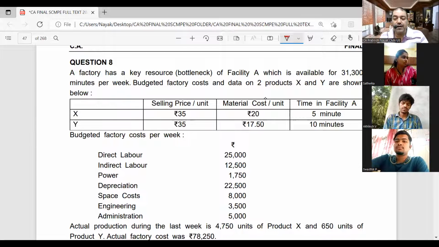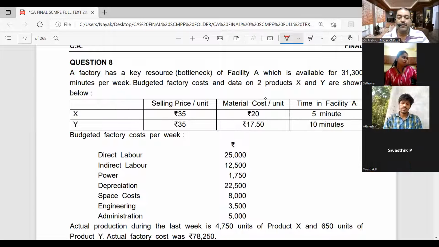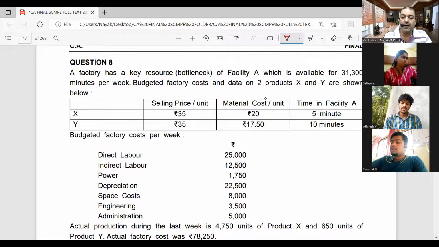A factory has a key resource, bottleneck of facility A, which is available for 31,300 minutes per week. So this is the limitation. This is the maximum that you can use. Budgeted factory cost and data on two products X and Y are given.